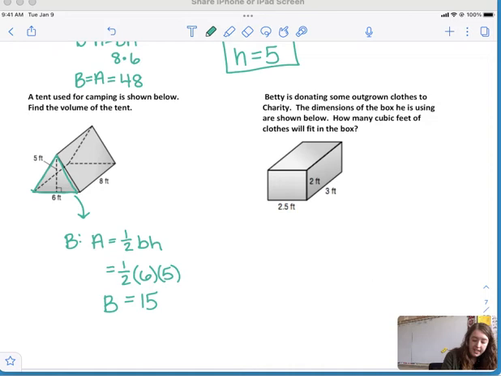And that will give me 5 for the area of our base. Volume is going to be area of the base times the height. Right here we know 3 is our height, so we'll take 5, the area of our base, times 3 for our height. And we'll get 15 cubic feet, or feet cubed.